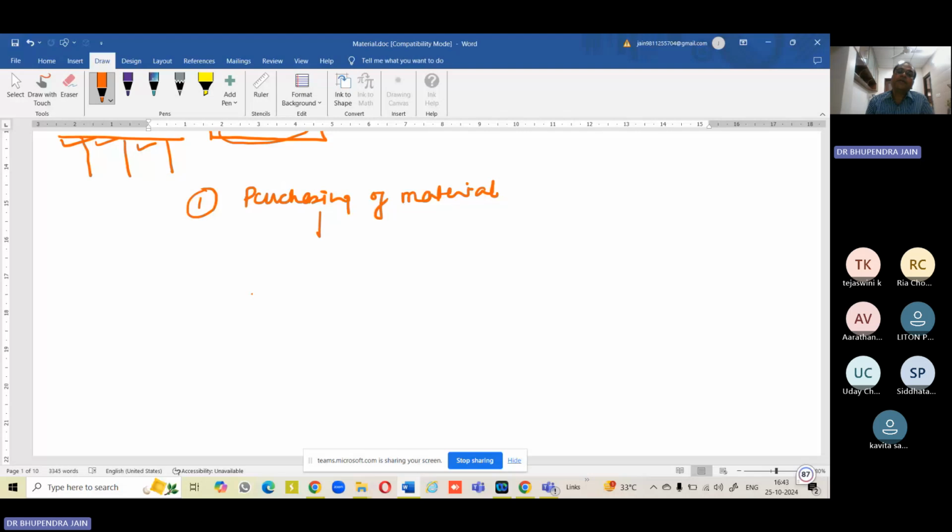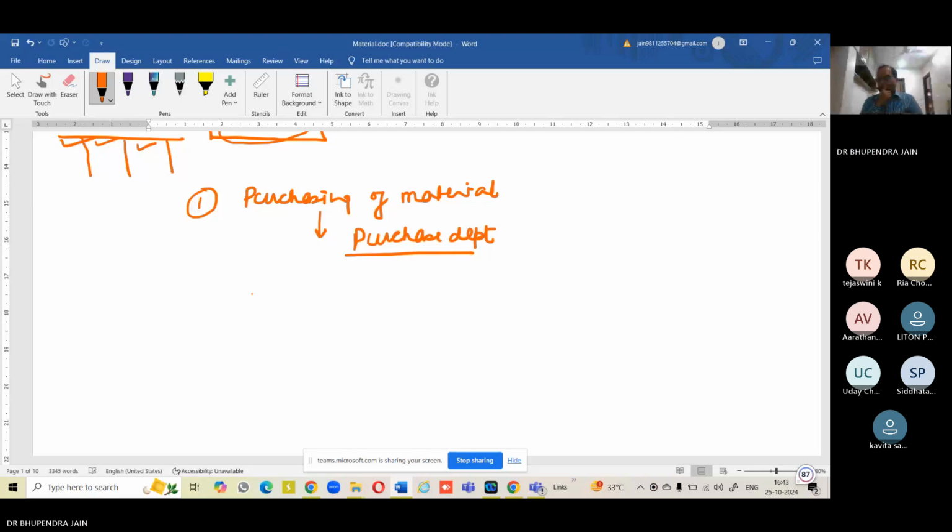Now, who will purchase the material? Does the store department purchase the material, or does another department? In a big organization, the purchase department will purchase the material.